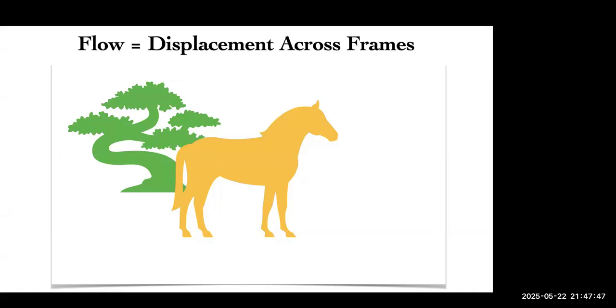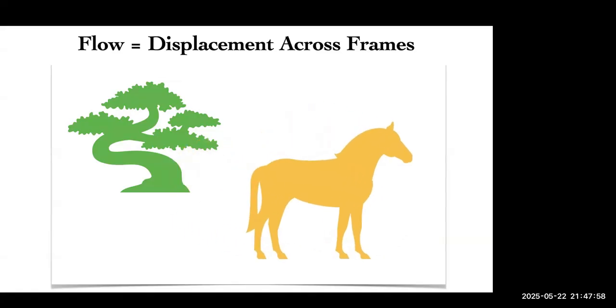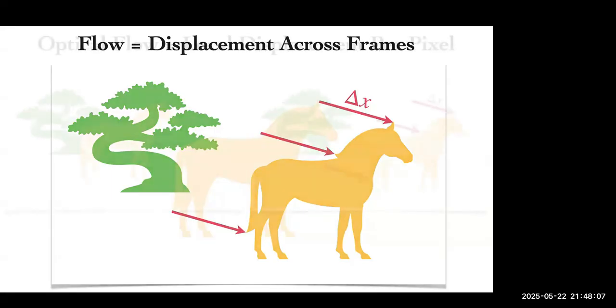So let me review the basic concept of optical flow. Optical flow is simply the 2D displacement across frames. Let's say this is the first frame, and the horse moved. Compared to where the horse was, you can find a corresponding displacement at every pixel location.